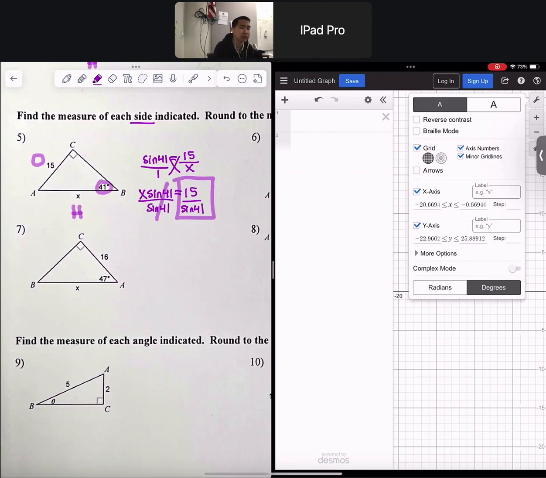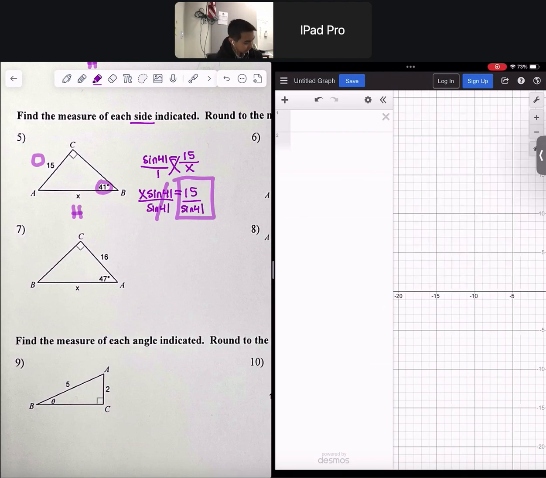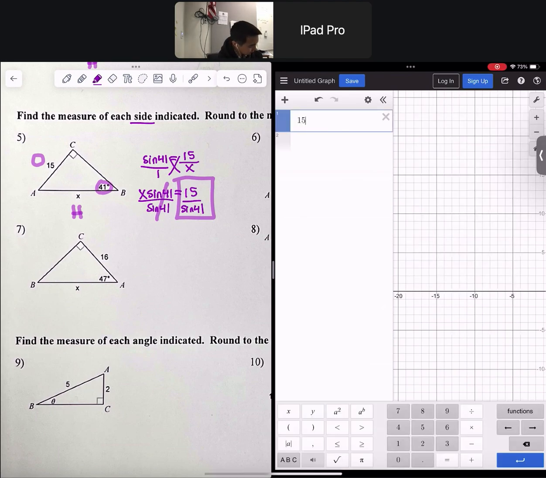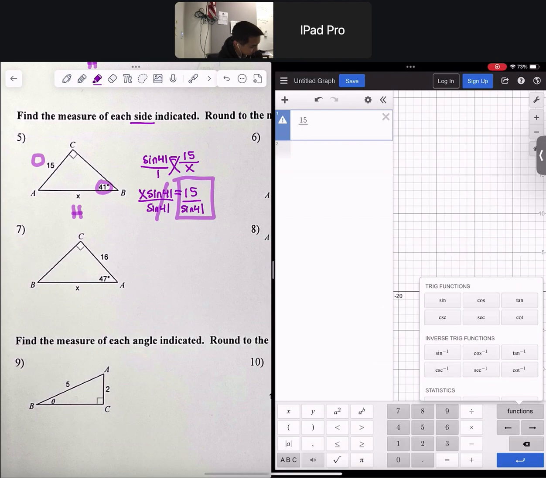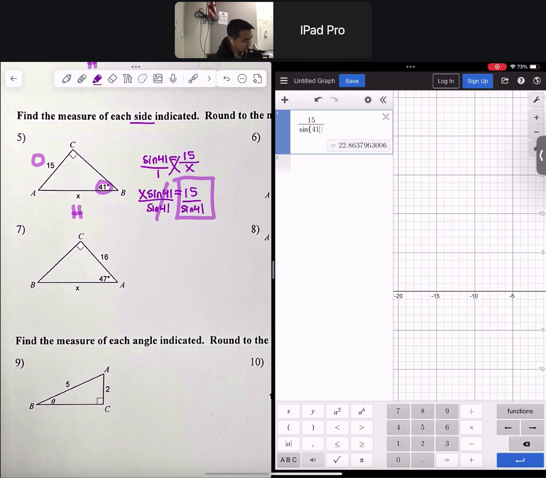So we have 15 divided by sine of 41. Round it to the nearest tenth, so that's going to be 22.9. Okay, round it to the nearest tenth.